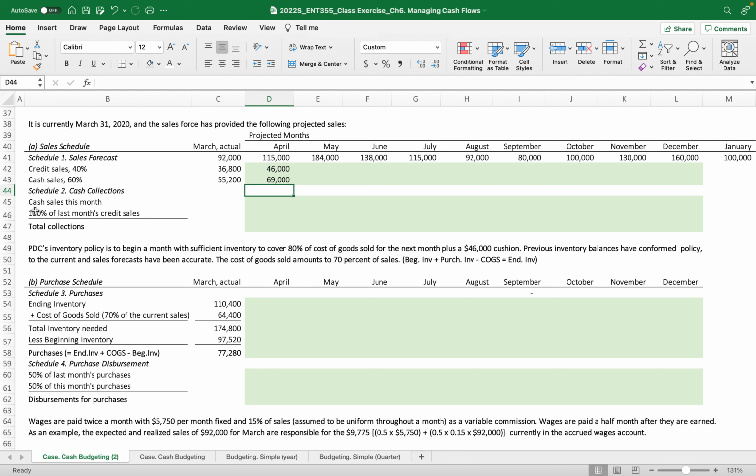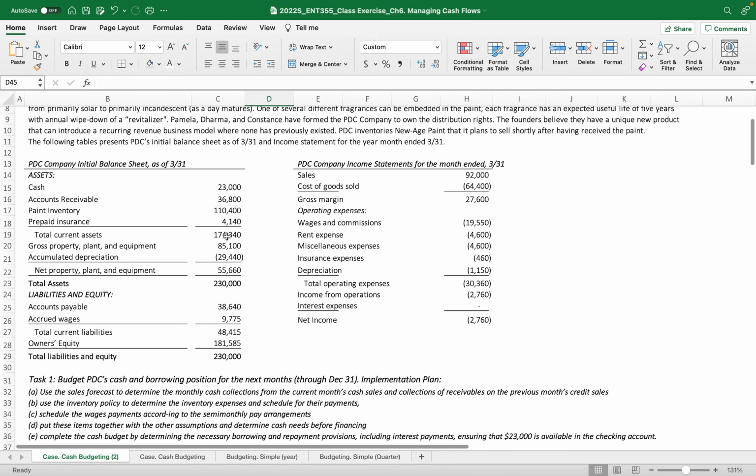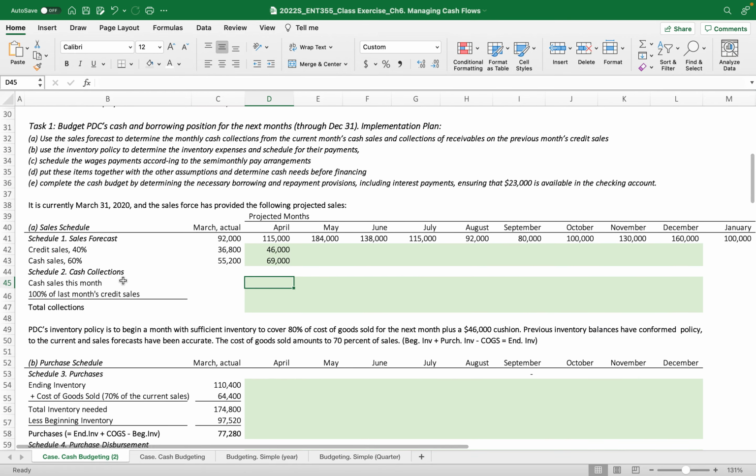And cash collection, cash sales this month. Now the sales amount is not the total cash collection, because your credit sales, based on these assumptions, the cash collection is incurred the next month, right? If that transaction was based on credit sales. So the cash sales of this month is just the same.